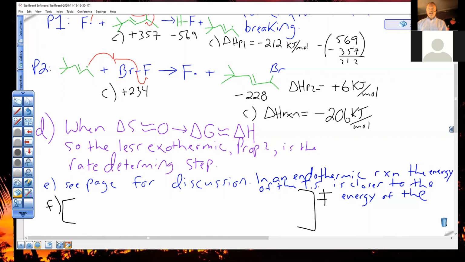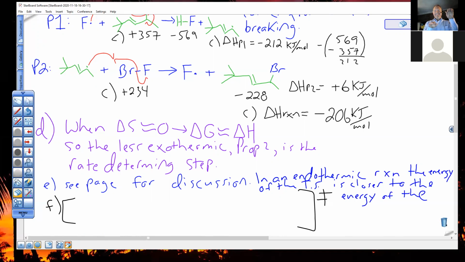I'm going to talk to myself because I'm looking at the picture on the screen, and this is my right hand and it's on my left. Reactants here, this hand that's moving, products here. Endothermic. I got it.